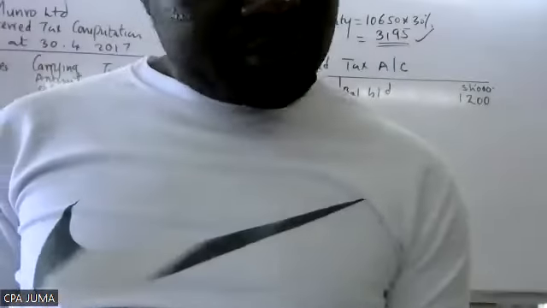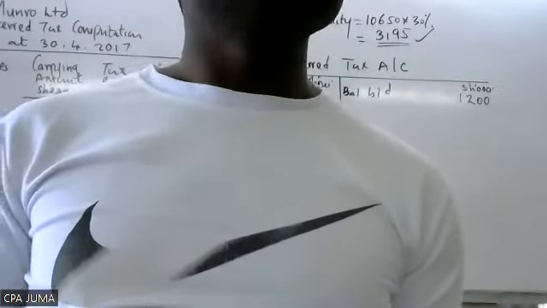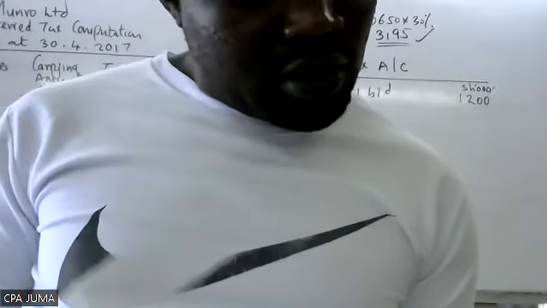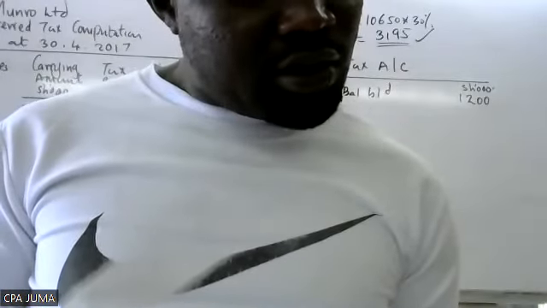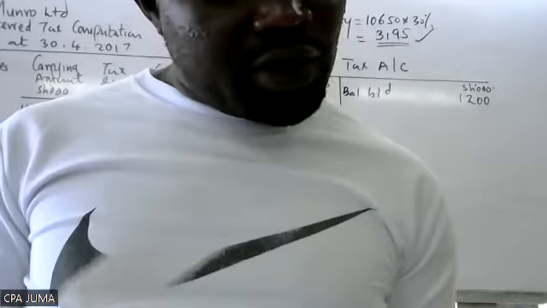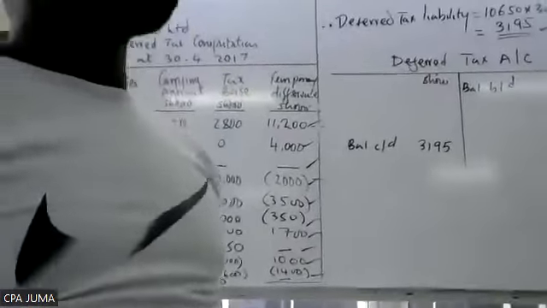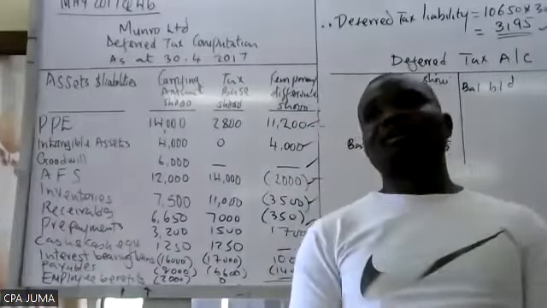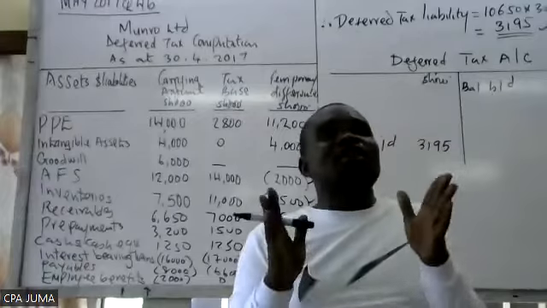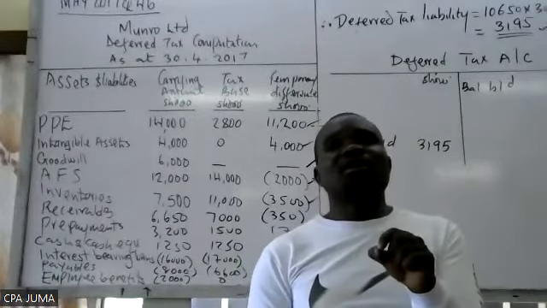They were saying the building, which is included in the PPE, was revalued during the year. The increase in revaluation of 3 million does not find. Now, revaluation took place when? As per that note, during the year.